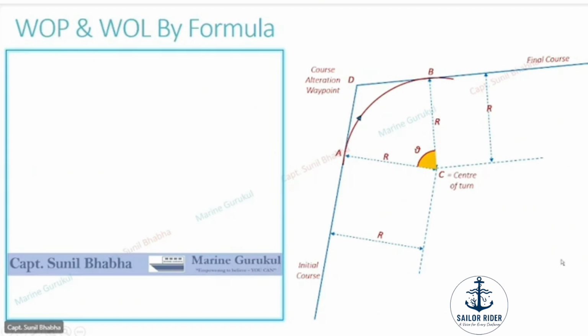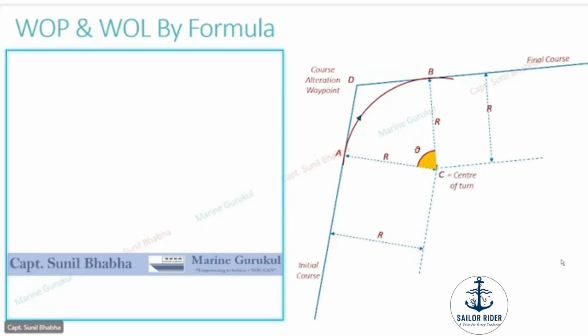Now we have seen the importance of the wheel over line and the wheel over point. We know how to obtain these two in our plot in the turn. Now in some situations, it may not be necessary to plot the curved path of the ship.